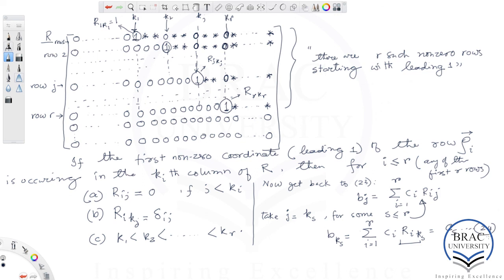Therefore, equation 23 takes the following form.